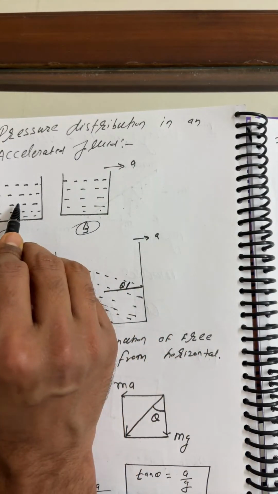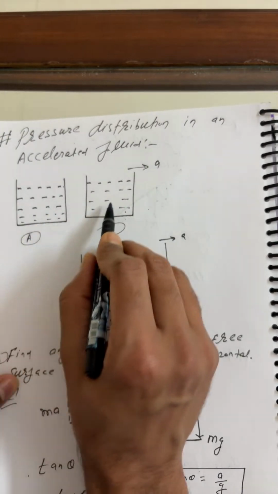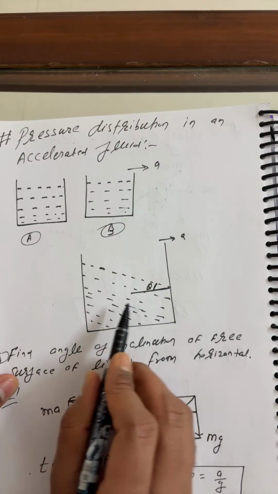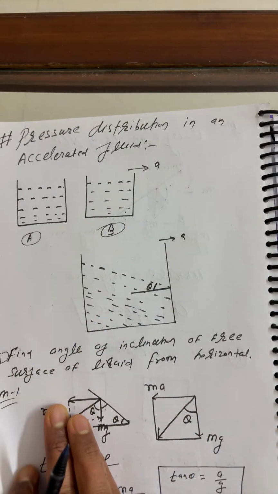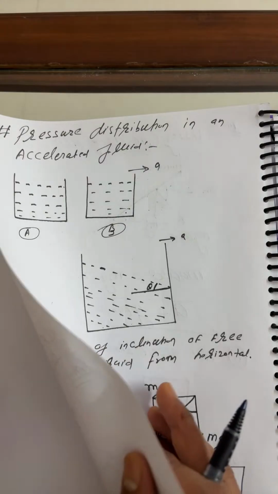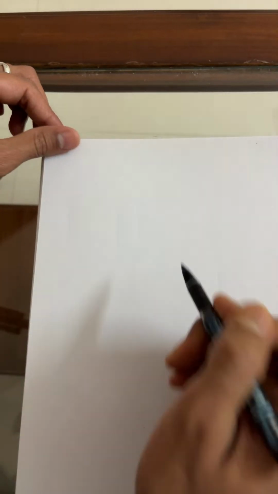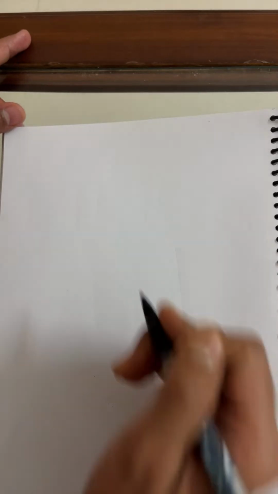You can see here all are parallel, but here they are parallel and not horizontal. If they are not horizontal, then you can think about more expressions for this situation. You need to write the pressure at a particular point for this condition.